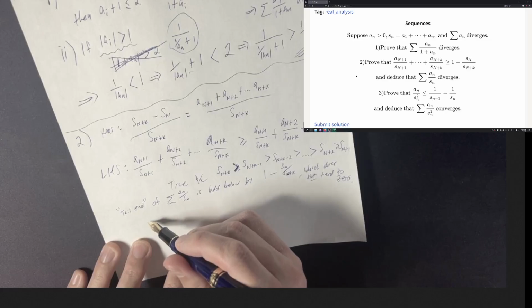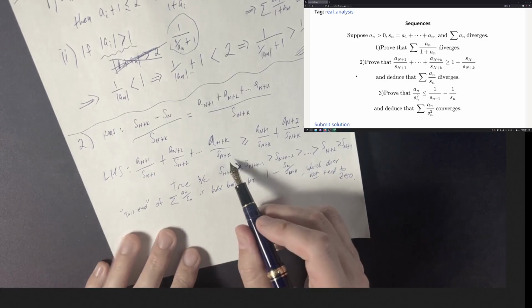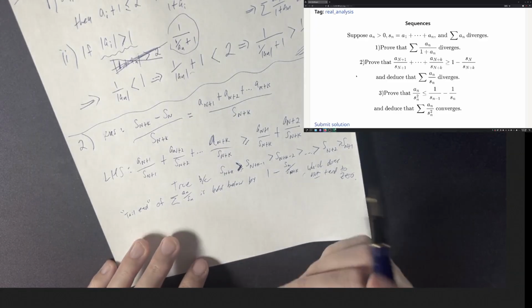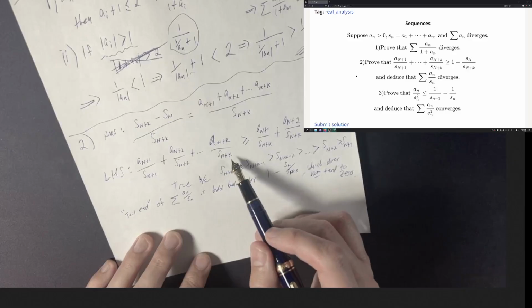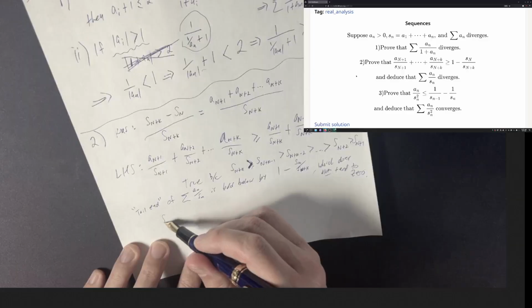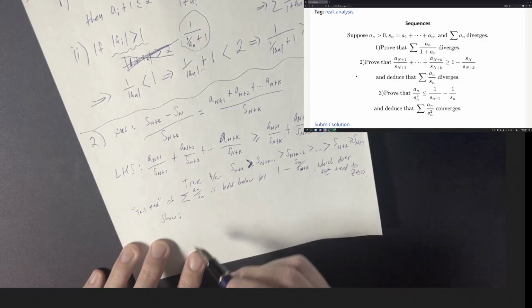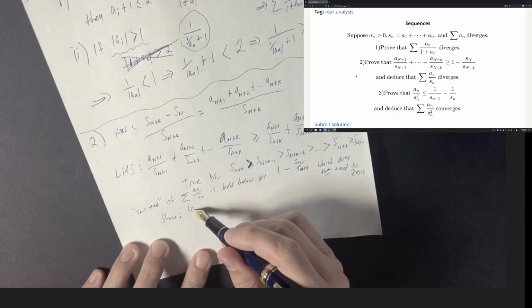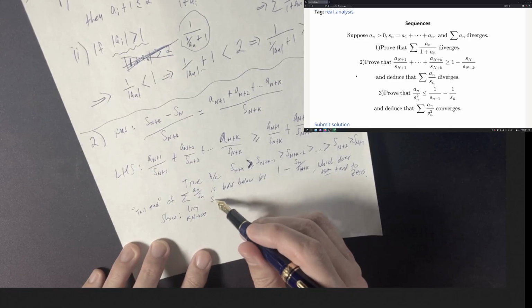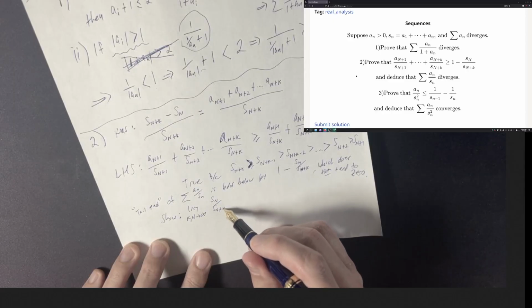You can choose k. n plus k is bigger than n. k is positive, and k can be whatever you want. When you take this limit, I'm basically saying we need to show that the limit as k and n go to infinity of this is not 1.